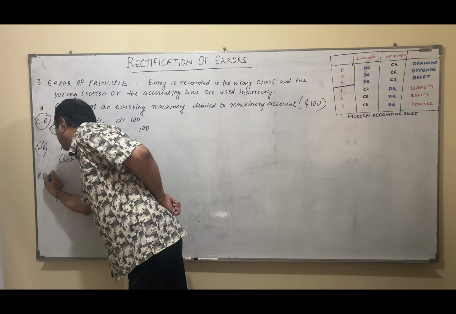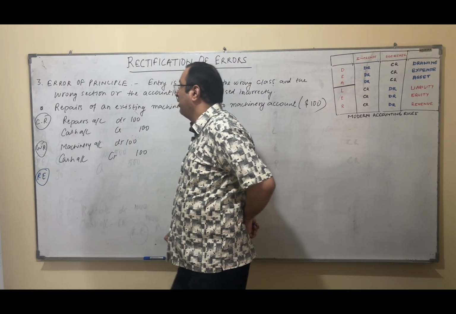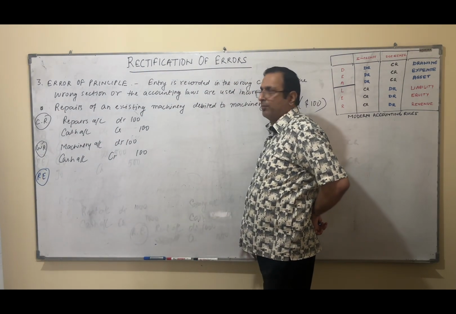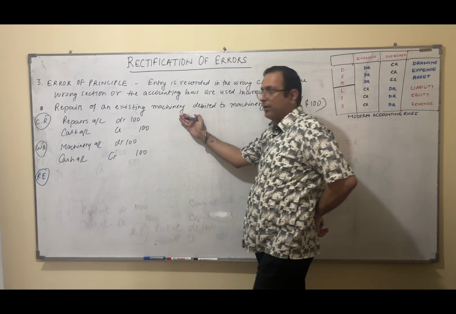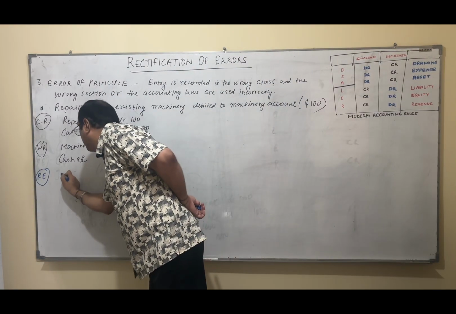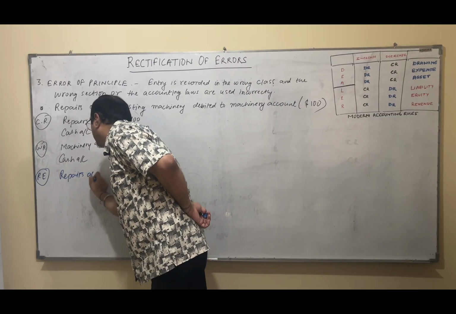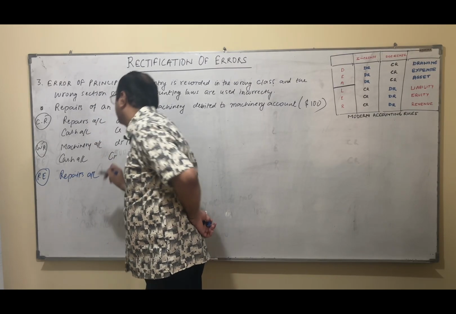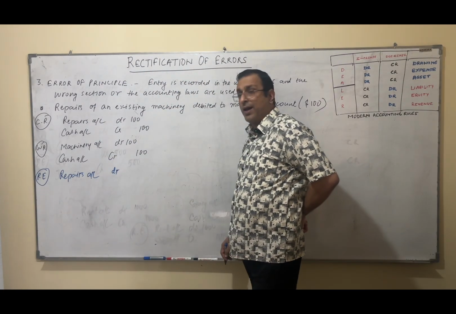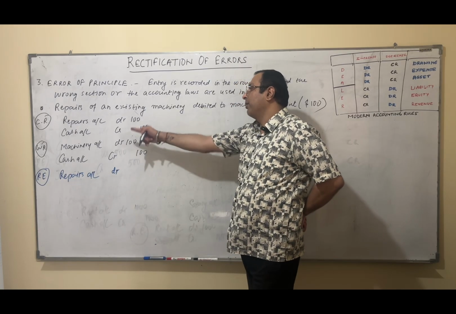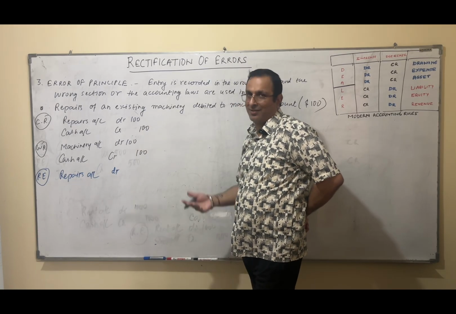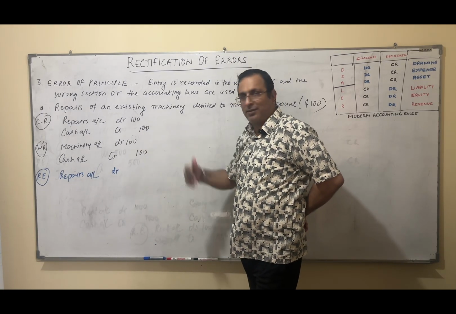Rectifying entry. We are supposed to debit repairs because obviously the existing machine is repaired. So repairs will be debited. And we have debited machinery by mistake. The same thing which I was saying since the first example.